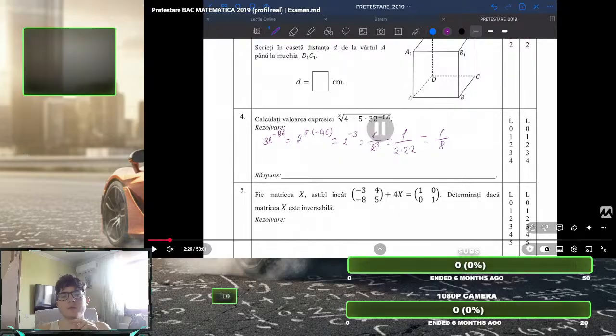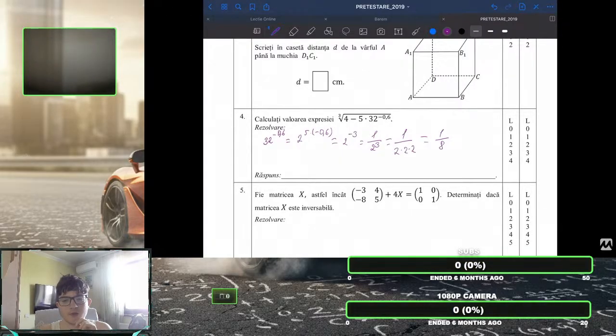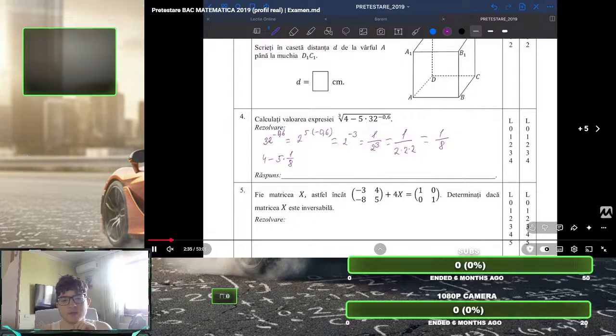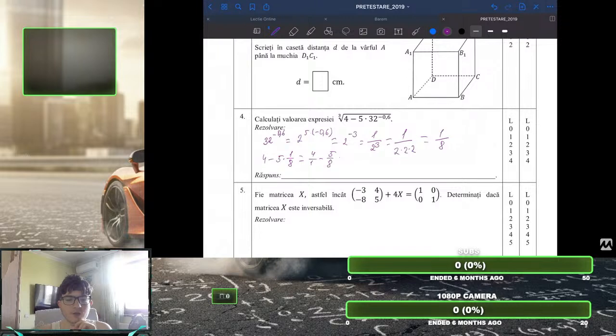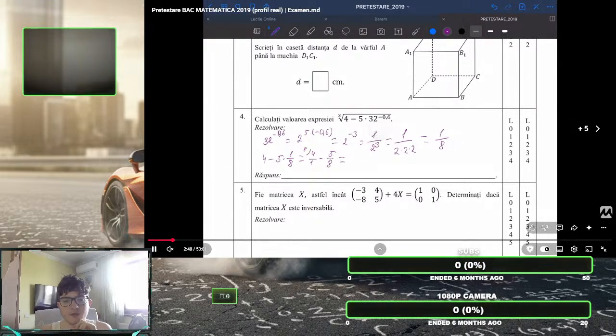Now we got the 4 and minus 5 right there, so 5 times 1 divided by 8, that's just 5 divided by 8. So now we just have to do within the square root 4 minus 5 divided by 8. So we just get the common denominator 8. So we're just going to have 8 times 4, which is 32 minus 5. So that's 27 divided by 8, right?